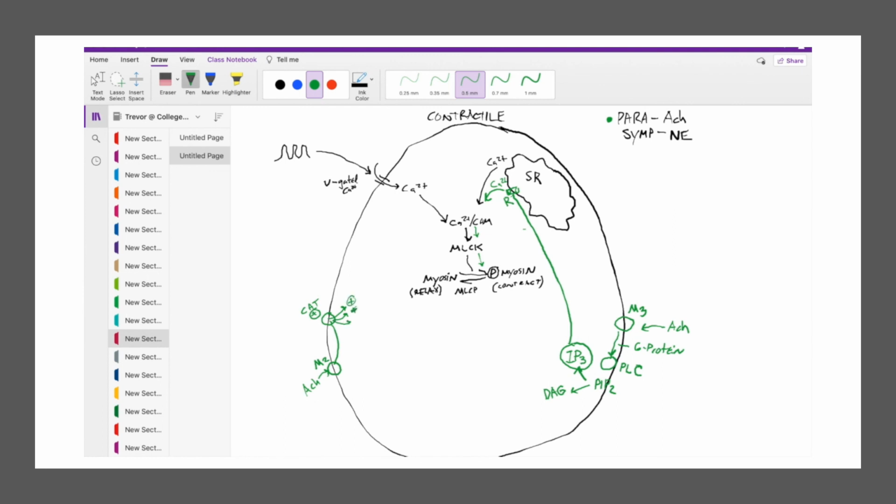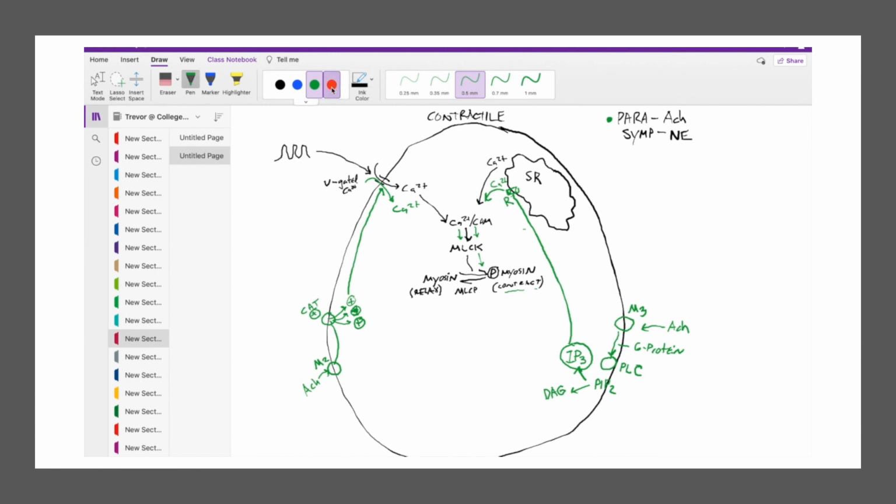So we see this influx, oops, a little lag on my computer, it's heating up. Influx of positive charge for depolarization, and that further activates this voltage-gated calcium channel, right? It's voltage-gated, so we get that depolarization, so we get more calcium, which again leads to more activation of myosin light chain kinase and more contraction. Okay, so we get calcium moving from extracellular into that cell.